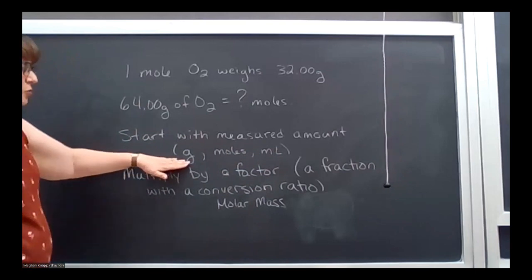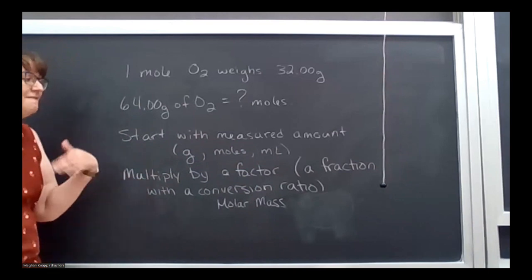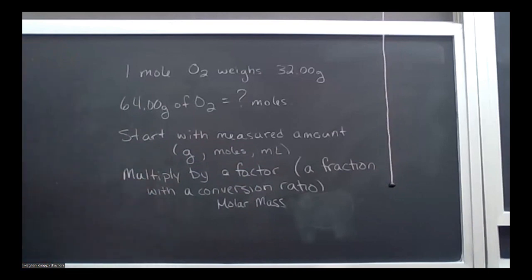In this case, grams. And we are going to multiply that by what's called a factor, which is a fraction with a conversion ratio. So if you've ever heard of dimensional analysis, unit analysis, factor label dimensional analysis, this is what that is, okay?